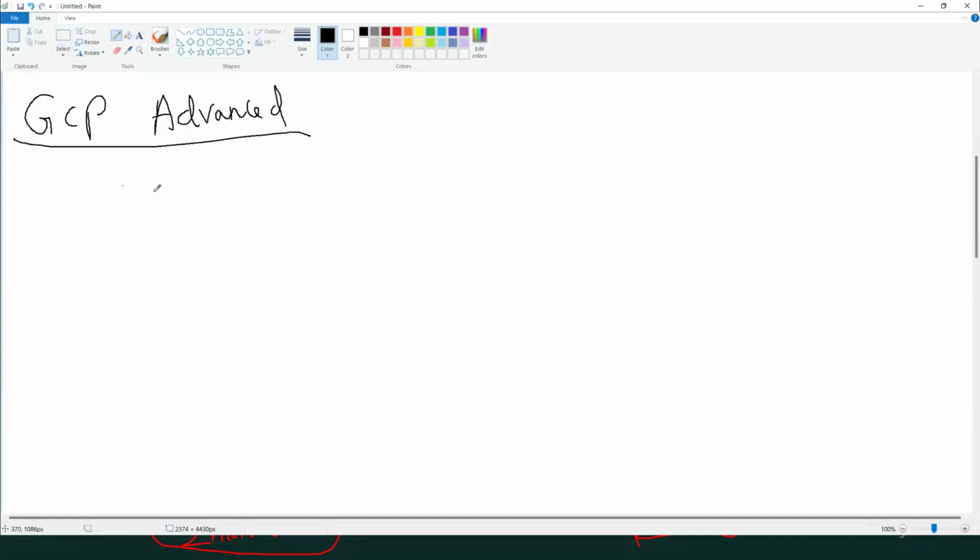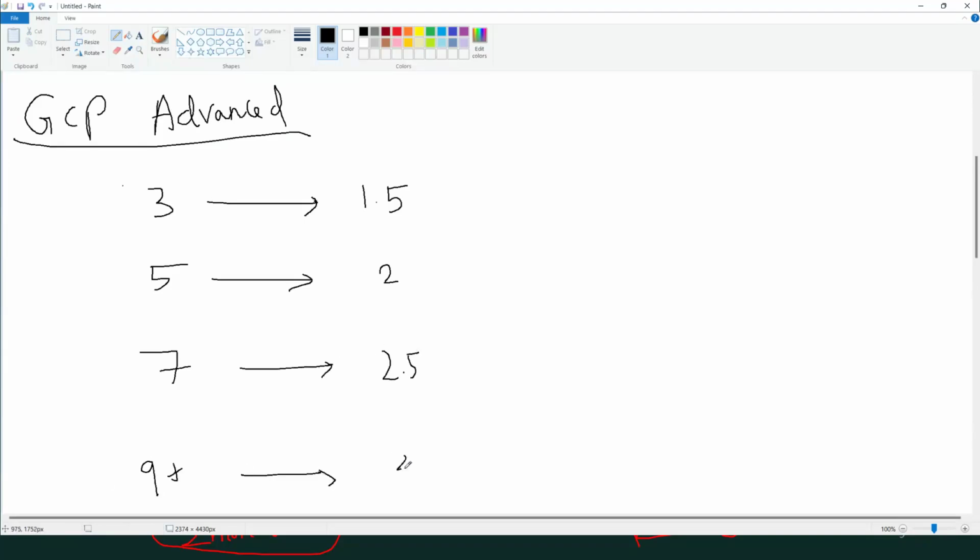If you have 3, you put 1.5. If you have 5 years, you put 2. If you have 7, you put 2.5. If you have 9 plus, you put 3. This is how you put the GCP data engineering experience. This amount of knowledge I am going to give in the course.